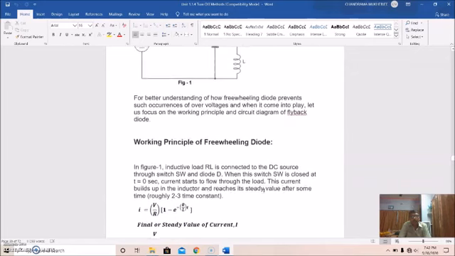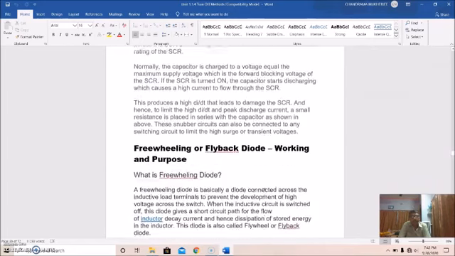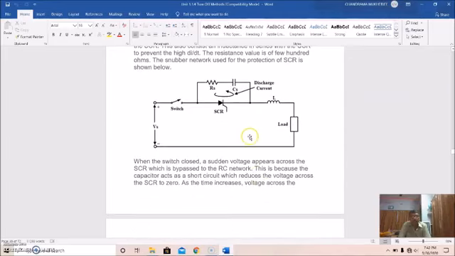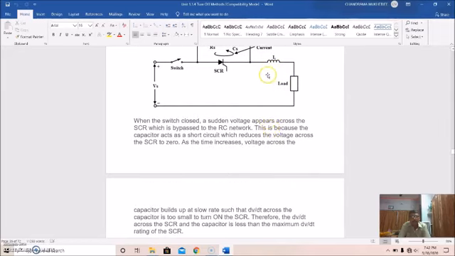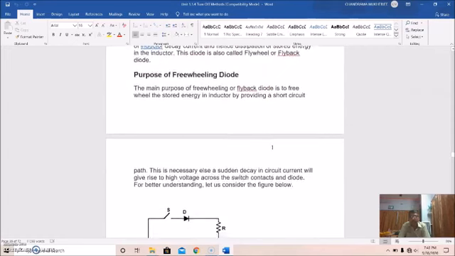So what we find here is in our circuit, if we put a freewheeling diode here, the circuit current will be dissipated through this path that is shown here.